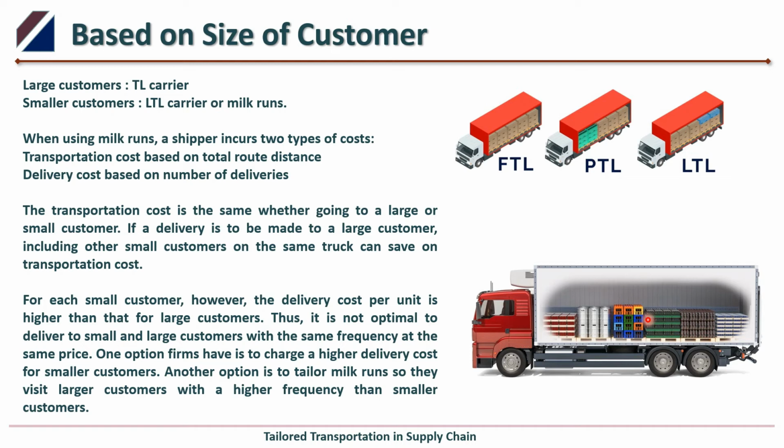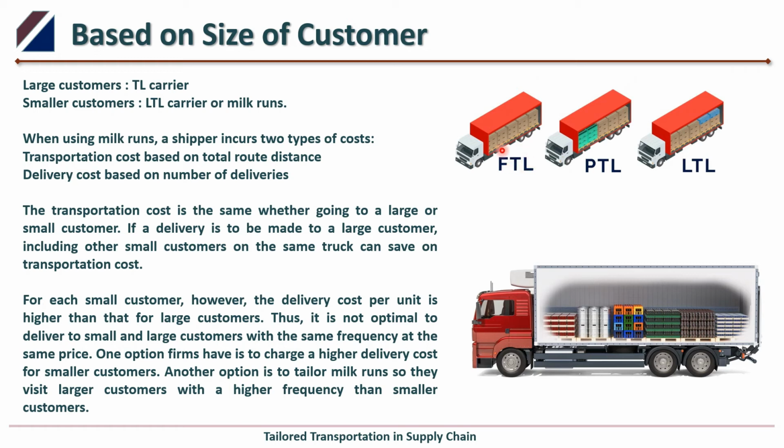So TL carrier, LTL carrier, PTL carrier: TL stands for truckload. For large customers, it is TL carrier. For smaller customers, it is LTL carrier. You can see what is the difference between TL, PTL, and LTL. TL or FTL is full truckload.